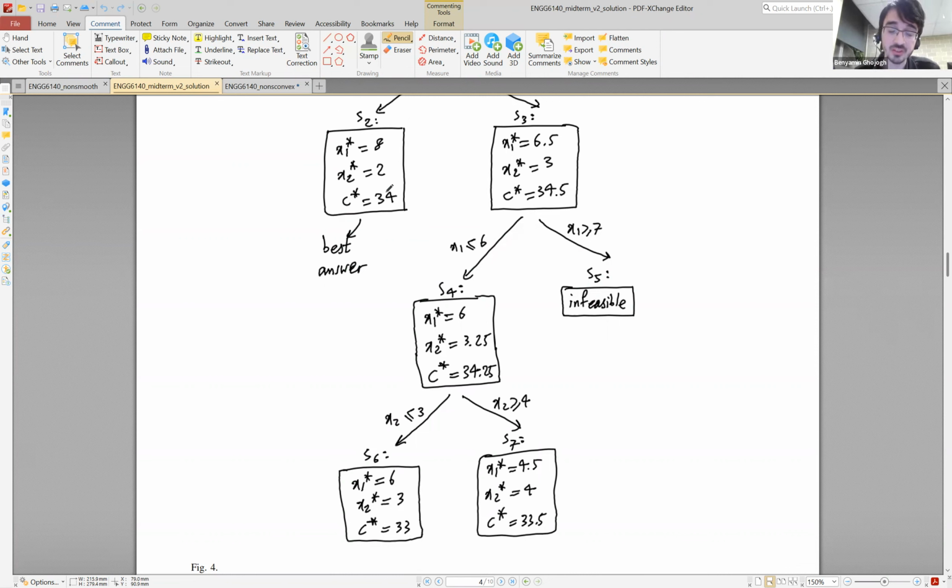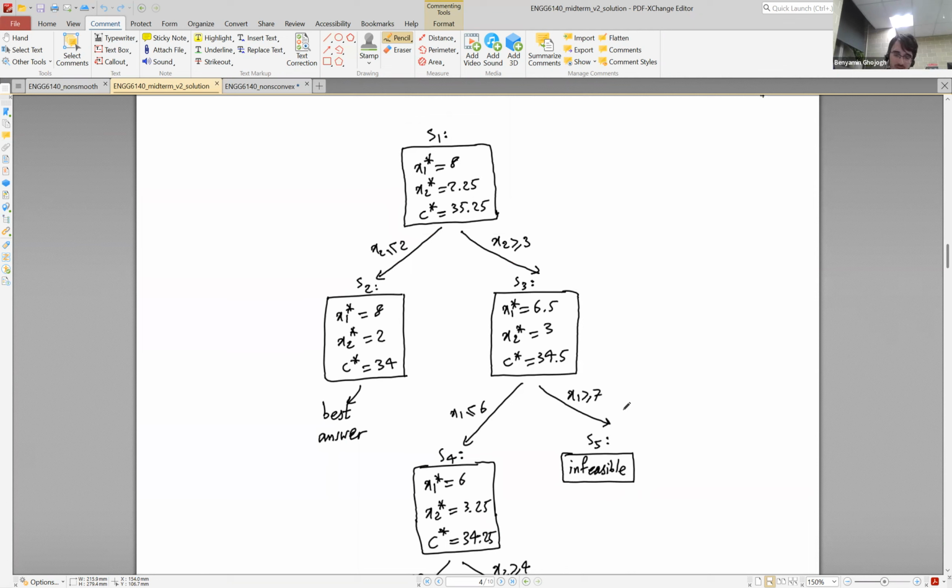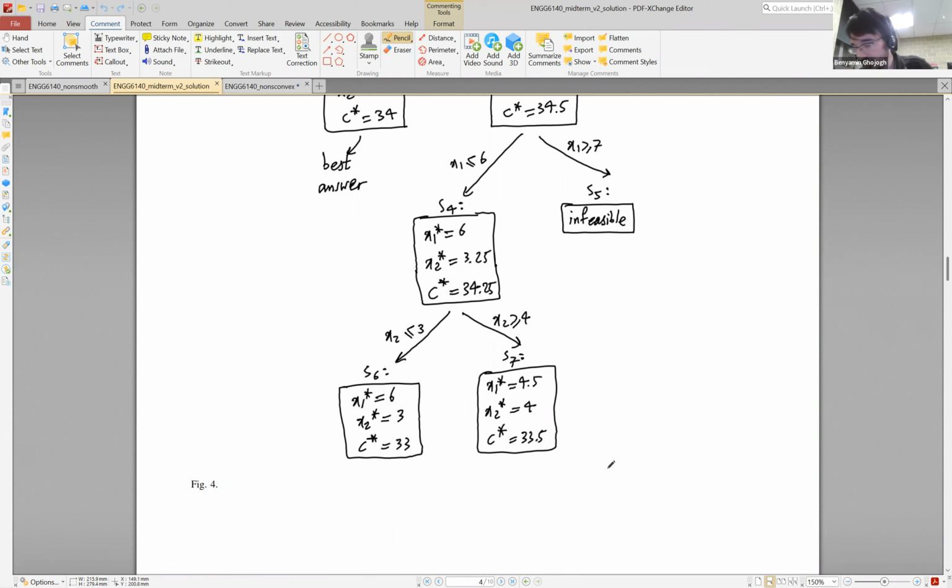It means that if you don't consider this interesting point, you might go and grow your tree for a lot of levels. For example, here if you don't consider this point, you need to continue subproblem 7 again. You might have a lot of branches, right? And maybe sometimes you may not find pure children which are all integers.